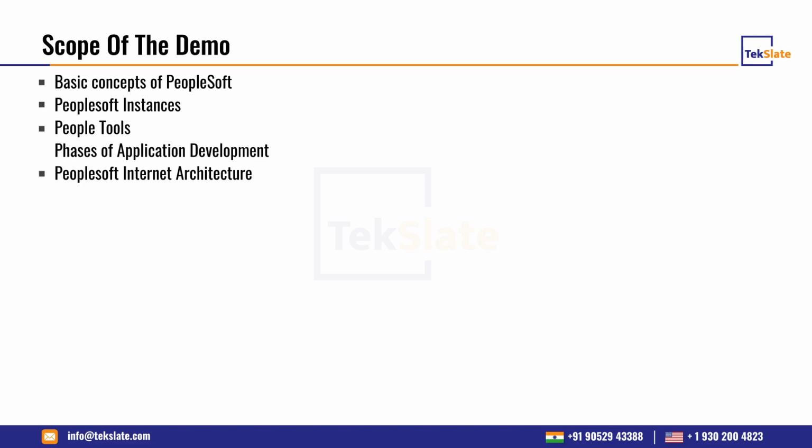We are not bothered about this. The PeopleSoft admin will take care of all this. As a developer, it's okay if we know the basic concepts of how all these things are interconnected.